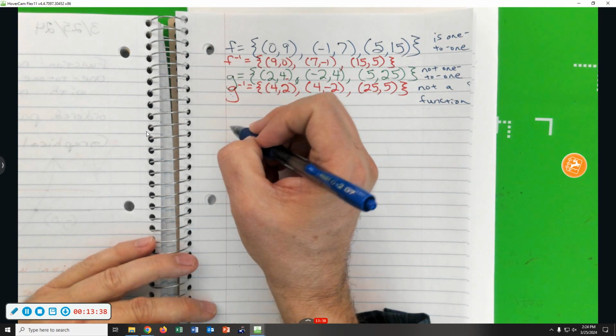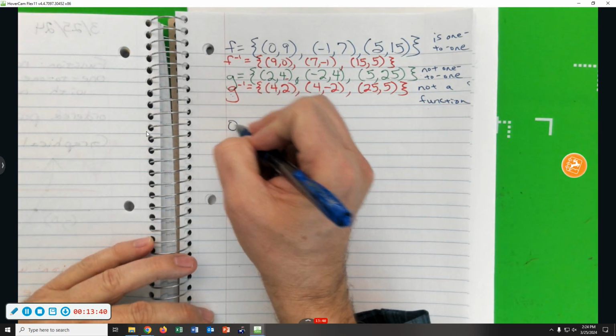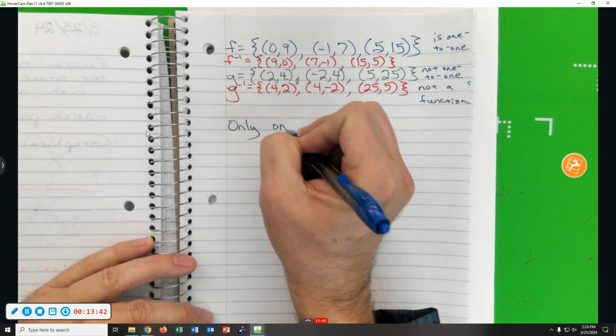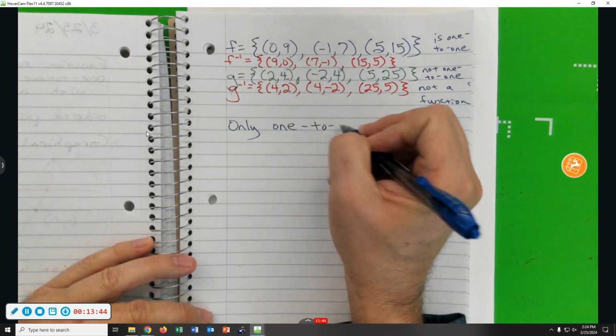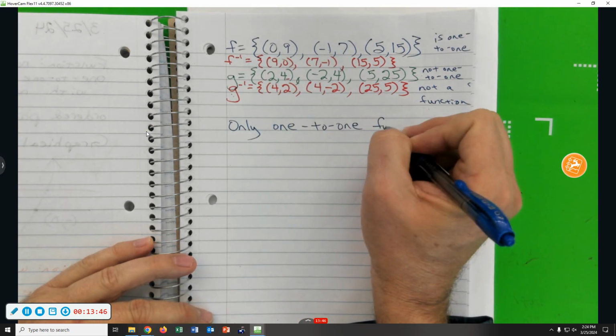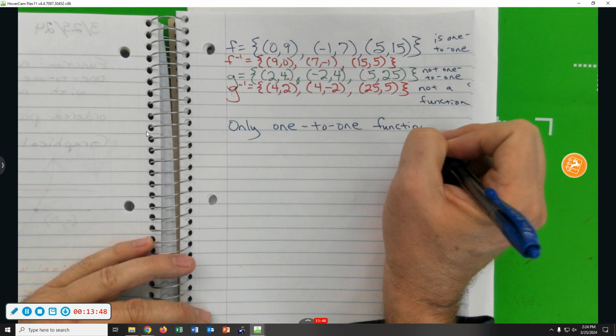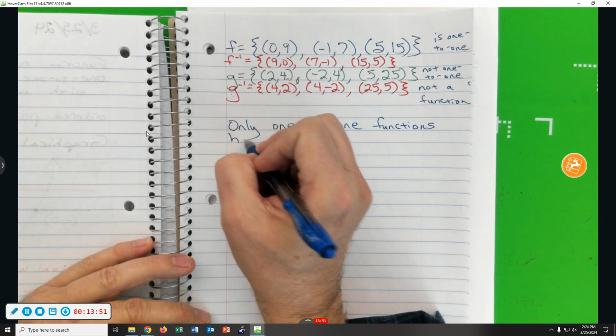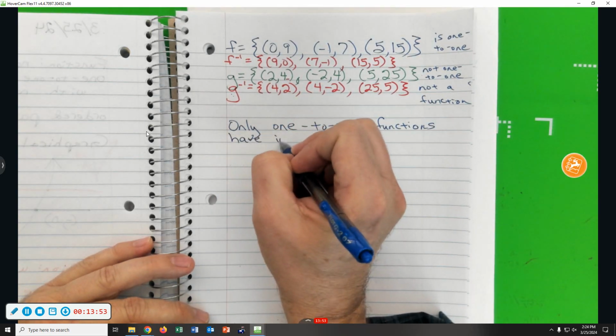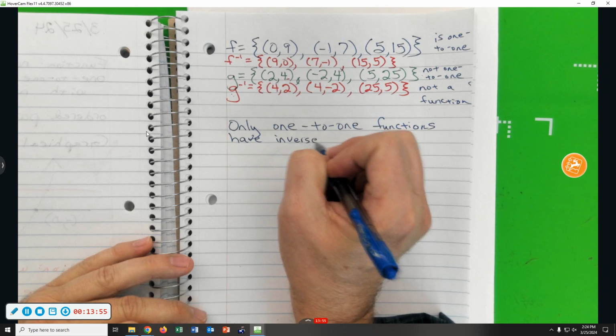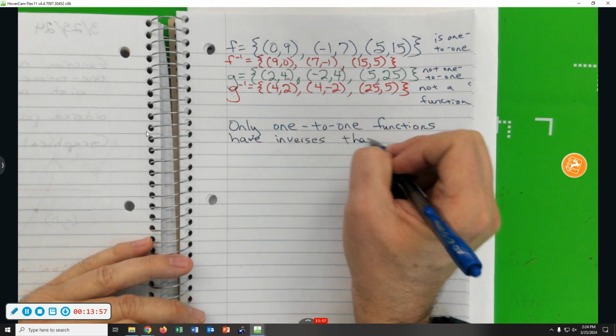Let's state this. How about we say it like this? Only one-to-one functions have inverses that are functions.